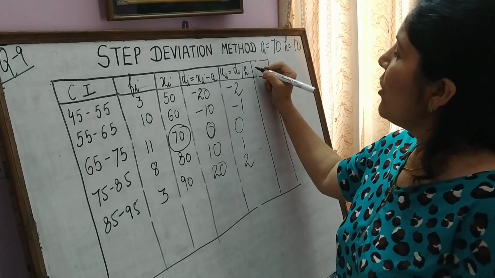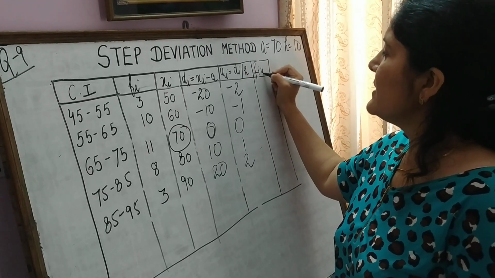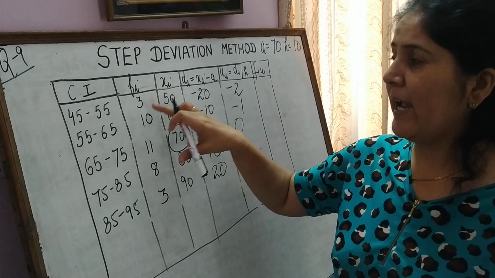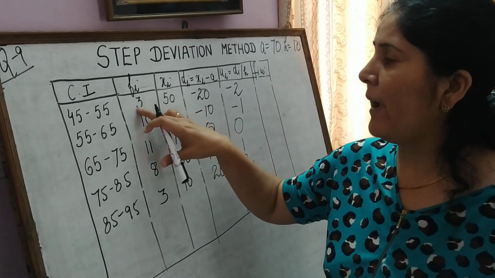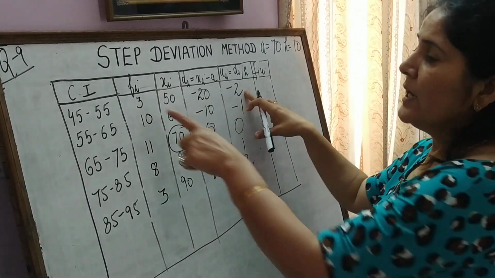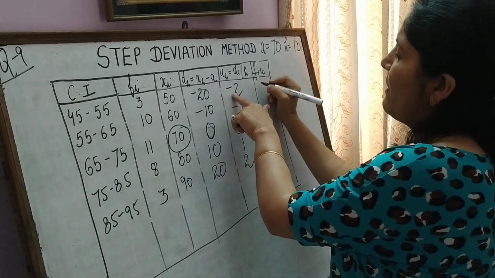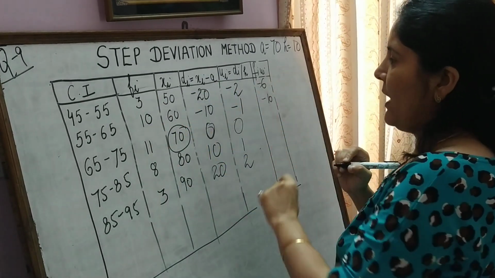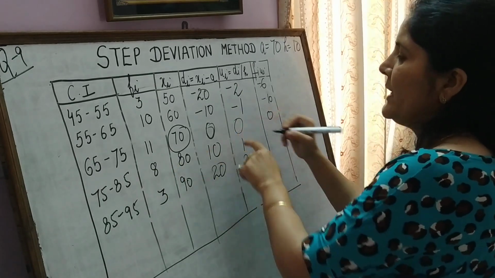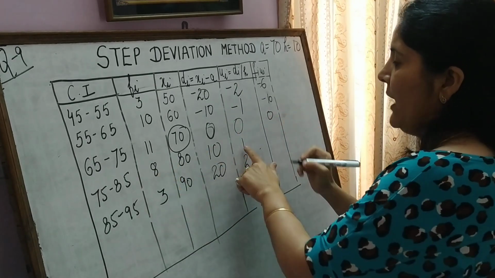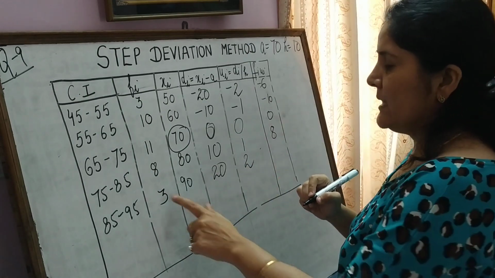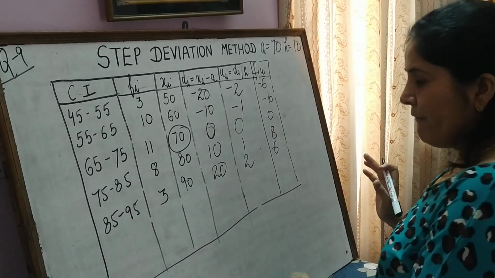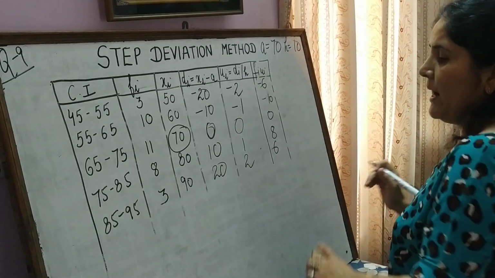Now coming to my last column, that is Fi Ui, which means I have to find the product of Fi and Ui. So 3 multiplied by minus 2 is minus 6, 10 multiplied by minus 1 is minus 10, 11 multiplied by 0 is 0, 8 multiplied by 1 is 8, 3 multiplied by 2 is 6. So you have completed your tabular part.